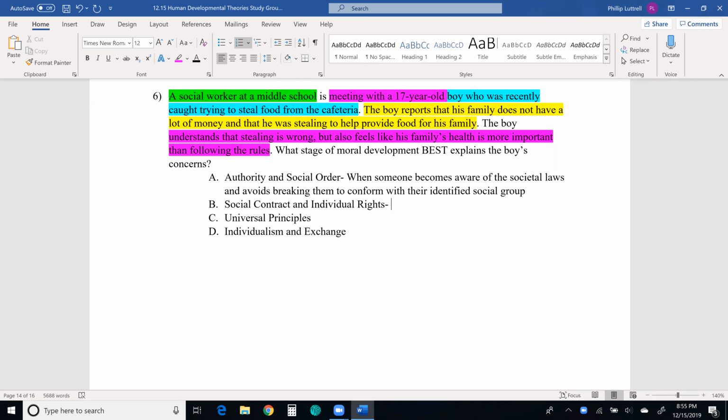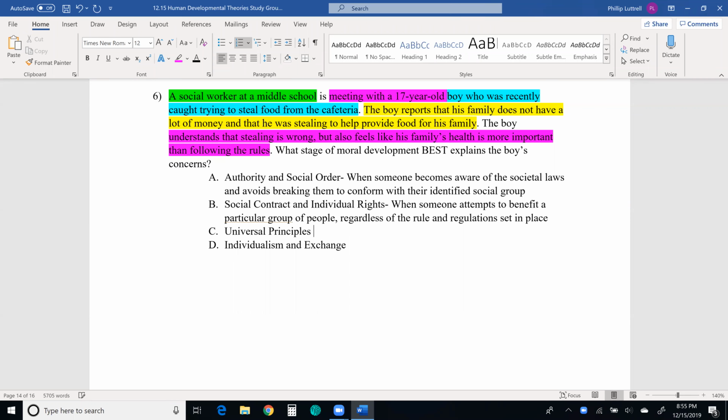Social contract and individual rights, when someone attempts to benefit a particular group of people, regardless of the rules and regulations set in place.